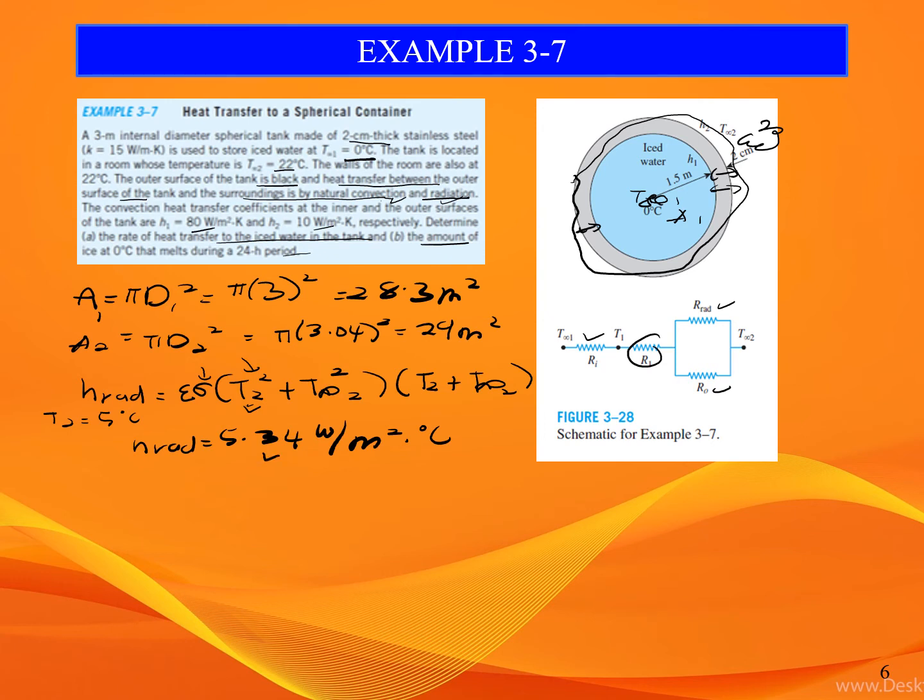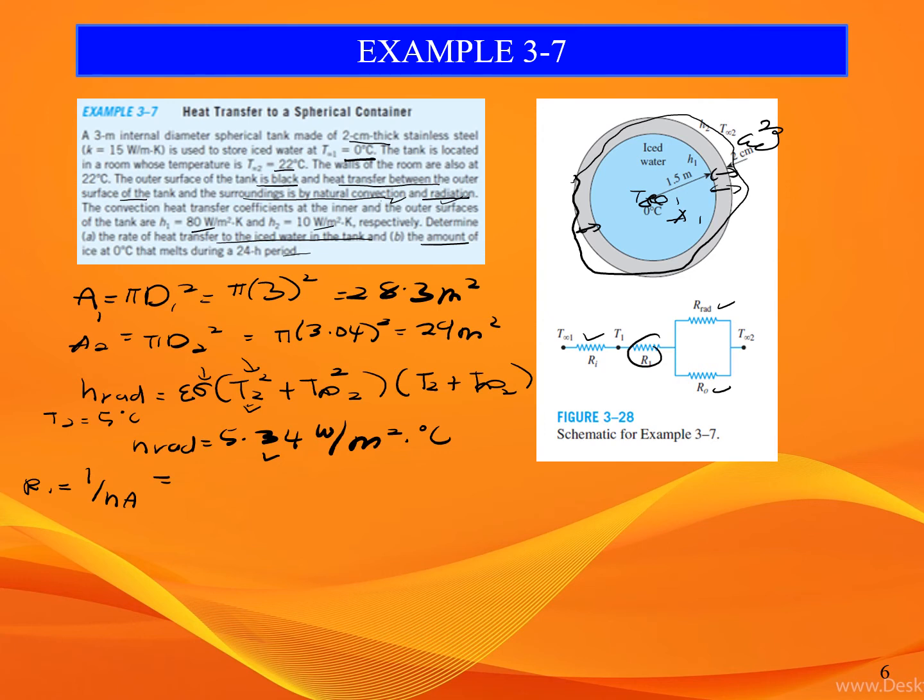Okay, now we calculate one by one, Ri until Ro. So for Ri, which is convection, it is 1 over H1 times A. We already calculated the area here.